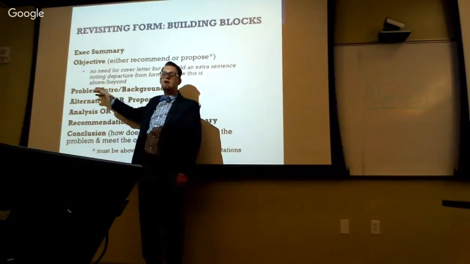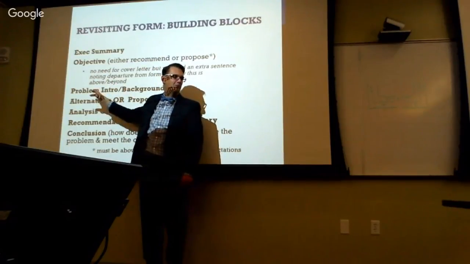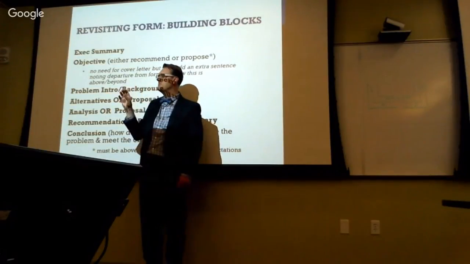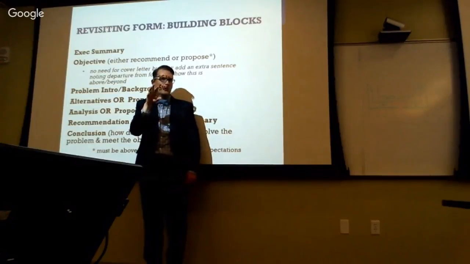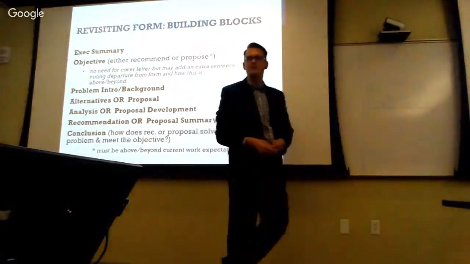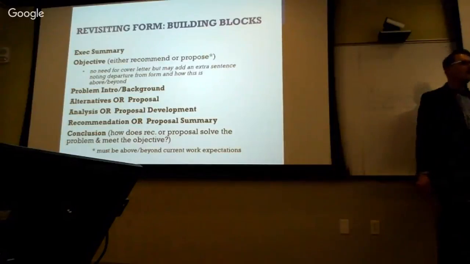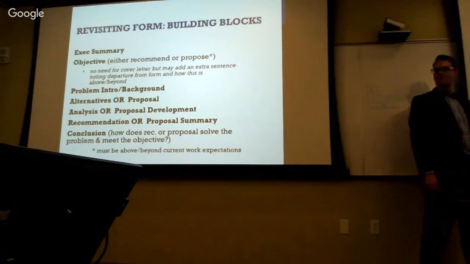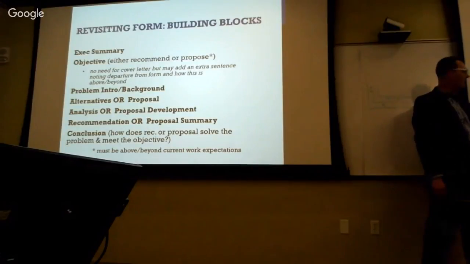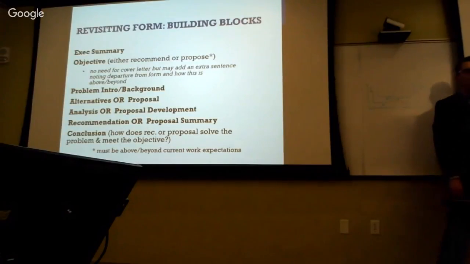It might have a very, very few sentences about the problem and the background, just enough to whet the decision maker's appetite, give them a little bit versed, schooled in what it is you're trying to tackle. And it had better have something about your recommendation or a quick summary of the proposal that you're putting on that person's desk.